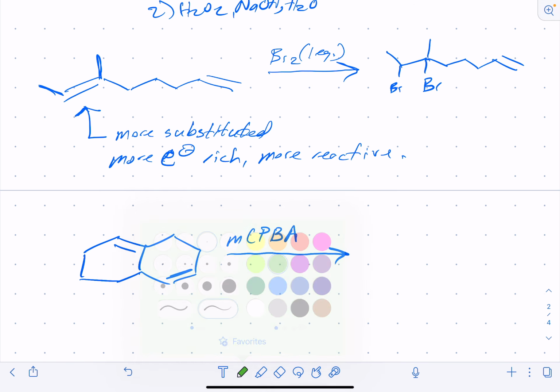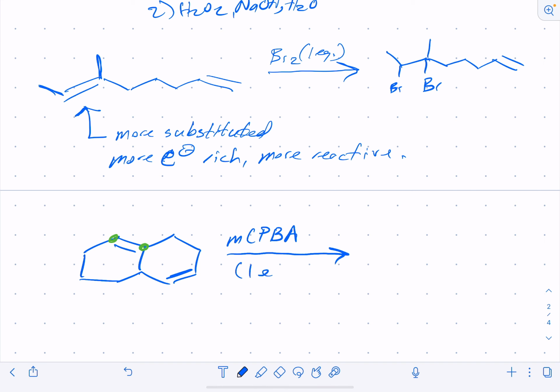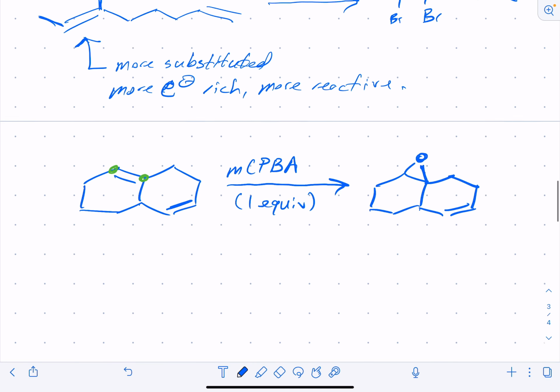I'm going to preferentially react this double bond because it's more substituted. So in a case like this, if I were to add only one equivalent of MCPBA, I would expect to preferentially epoxidize that carbon and leave behind the less reactive, less substituted double bond on the other side.